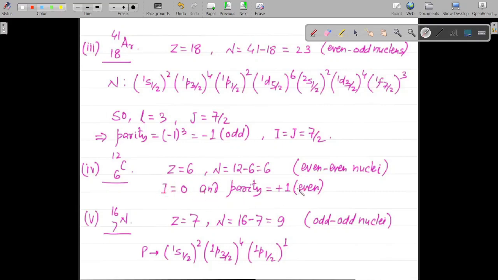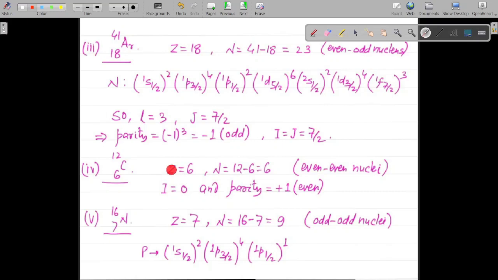And parity will be equal to what? Parity will also be even, or plus 1. Why will it be even, or plus 1, or positive? Because we have already learned that when the number of protons is even and the number of neutrons is also even, in that case spin equal to 0 and parity equal to plus 1. We have already learned this rule. Why will spin be 0?